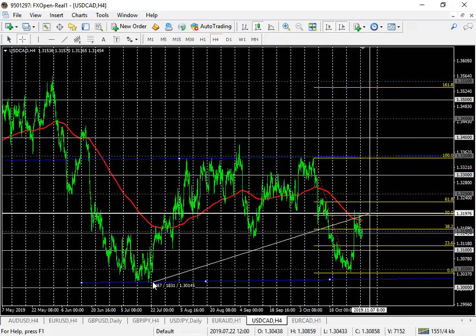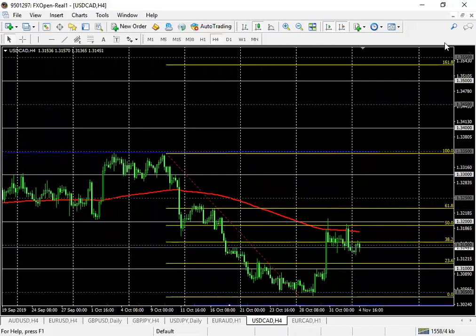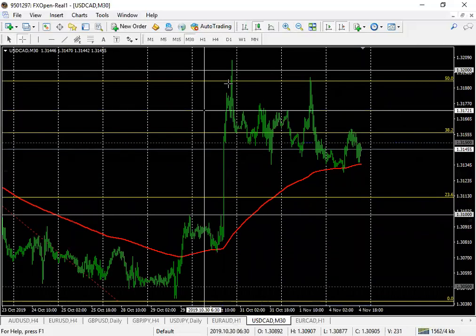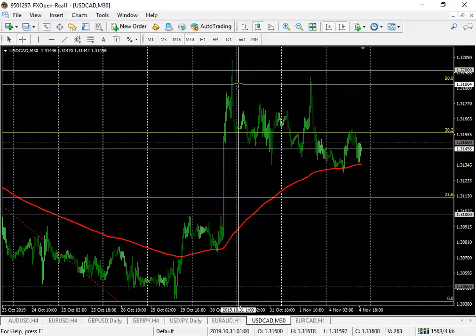I did send out a signal, I think, in the signal group. I can't quite remember the actual price, but it was sometime last week, somewhere around here, because I also saw that a bit late. That is only up about 40, at most 50 pips, so we already broke even on that one. Most of the take profits haven't been hit on that trade.